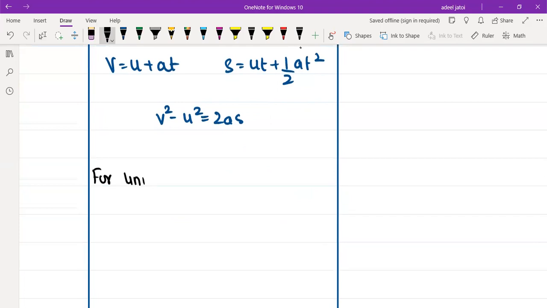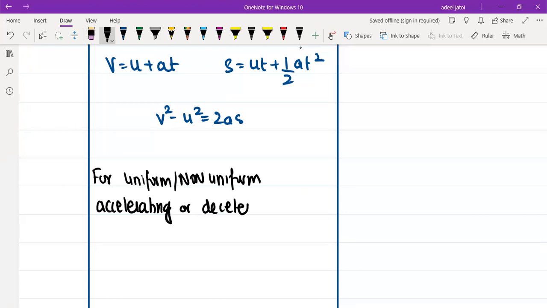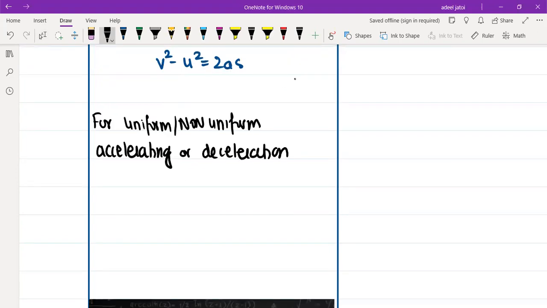For non-uniform acceleration or deceleration, we will be working on this: if we differentiate the displacement, we get velocity.